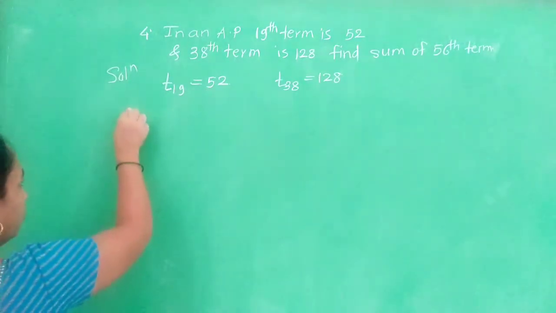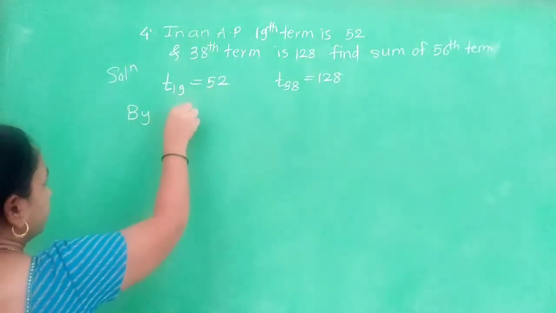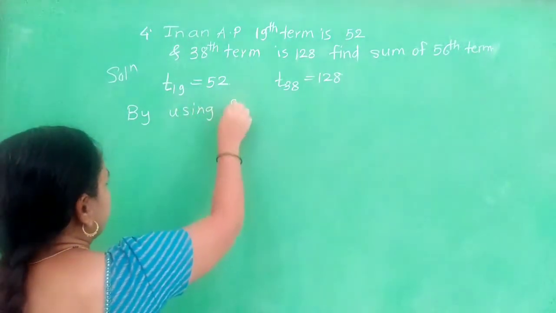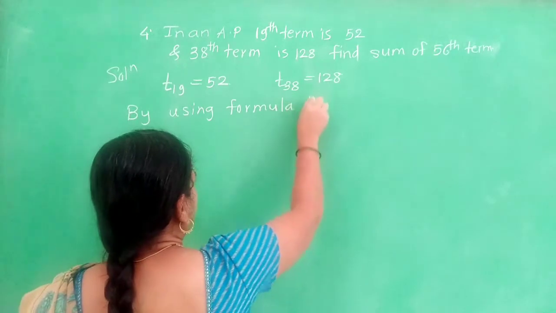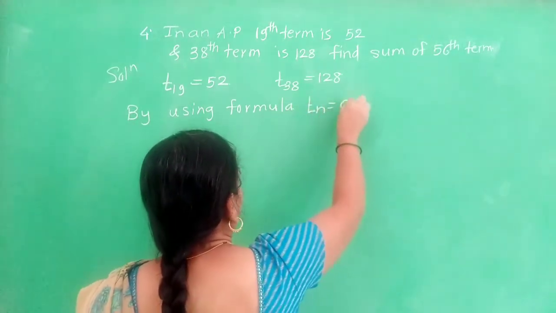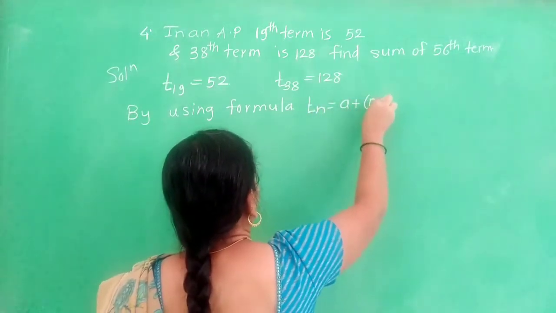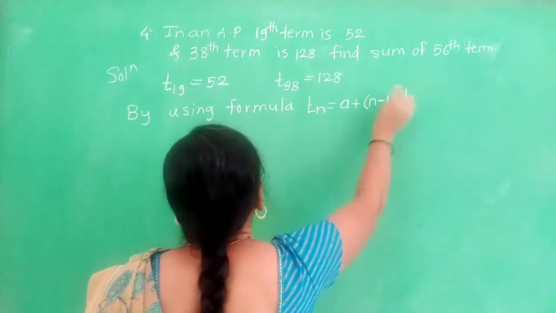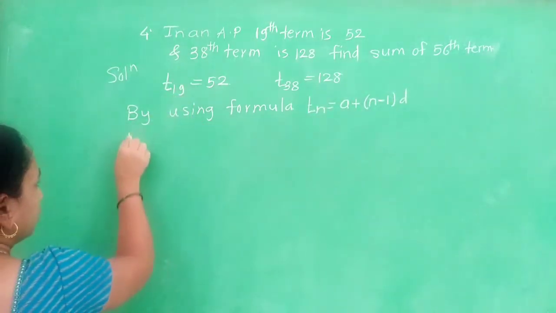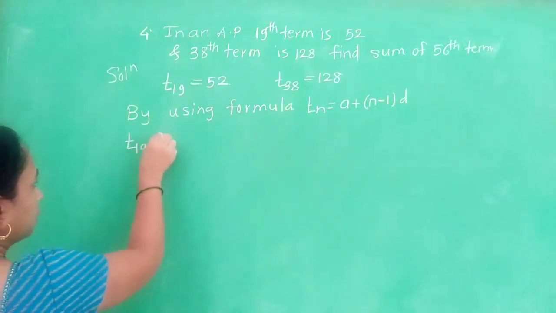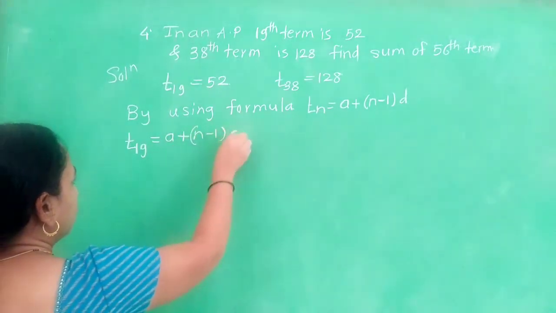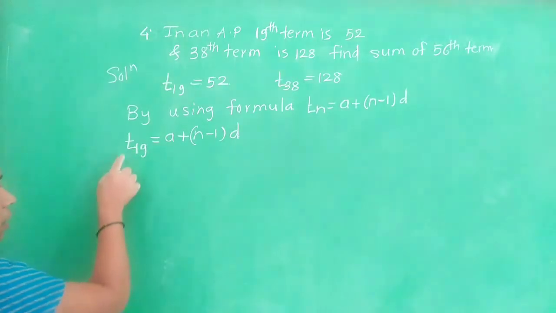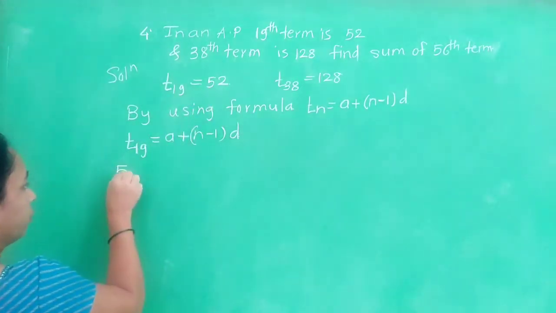So by using the formula Tn is equal to A plus (n minus 1) into D, what is T19? T19 is equal to A plus (n minus 1) into D. T19 value is given as 52.